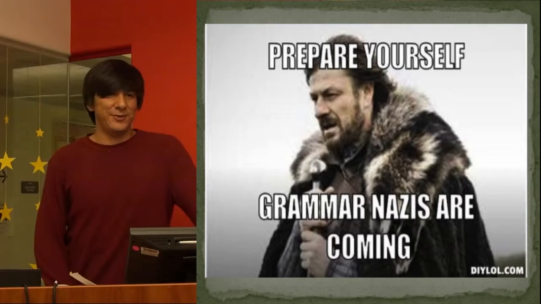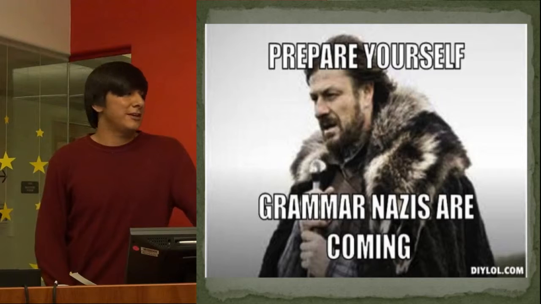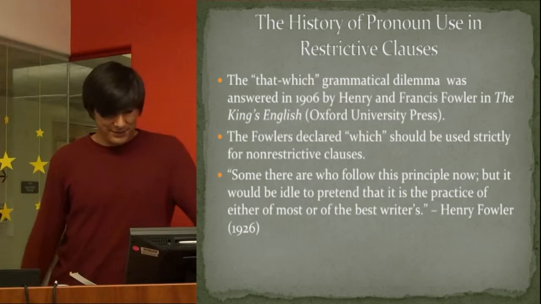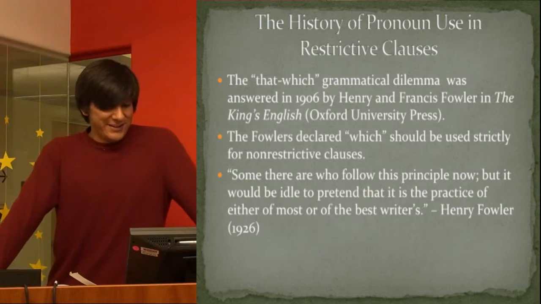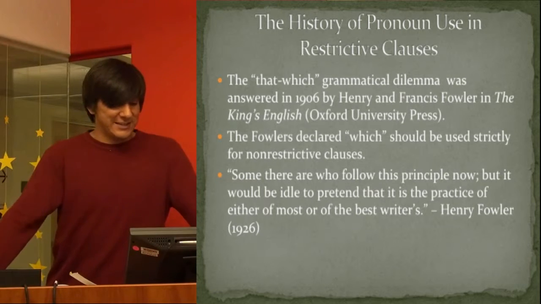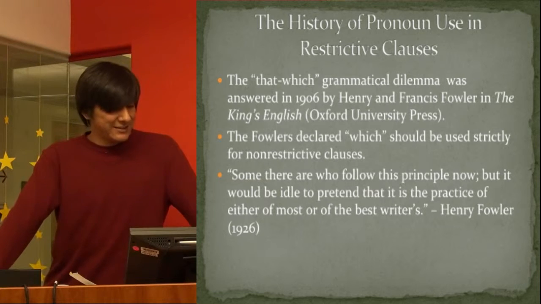Now time for how all this came to be and where it originated. The that-which grammatical dilemma started in 1906 when this guy put it down on paper in The King's English.